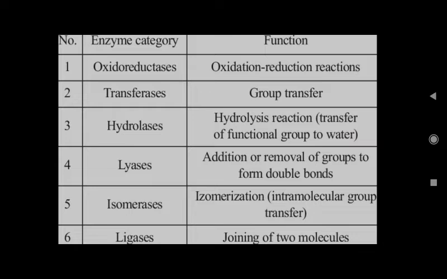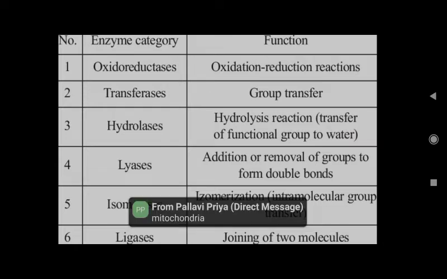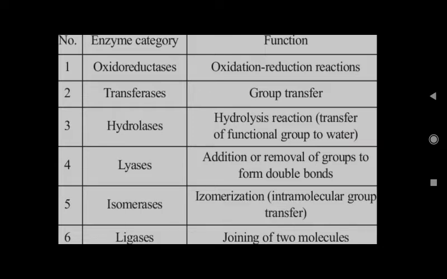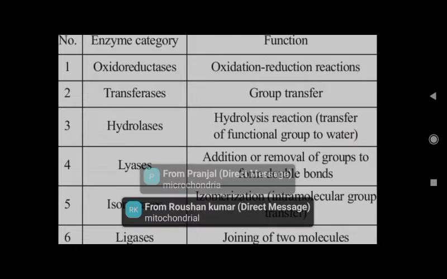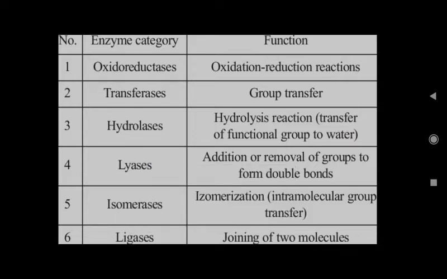Now, the second category is transferase. Yes, Pallavi. Yes, I have seen the answer. Yes, in the mitochondria. So, cytochrome oxidase is the oxidoreductase group of enzyme which catalyzes the oxidation reduction reaction.